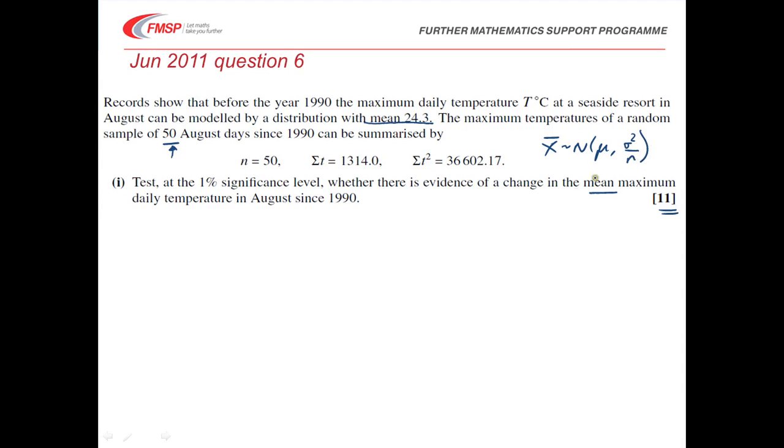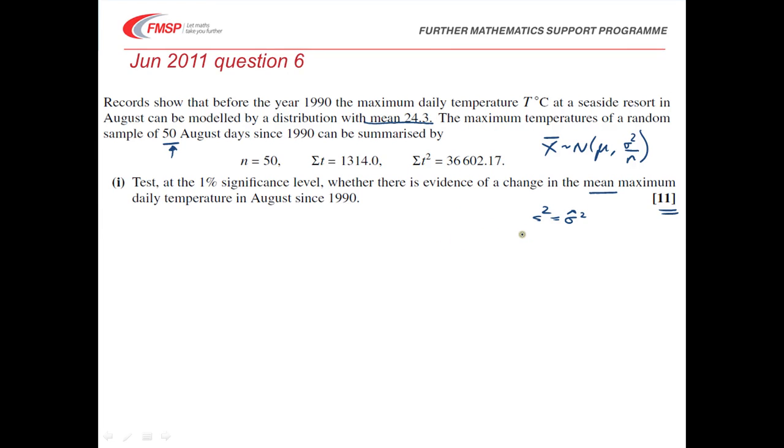And again, for a large sample, we can use sigma squared hat, or s squared. You sometimes see that as an approximator. Okay, it's not really normally distributed, but as long as the sample size is large enough, then we can use this.